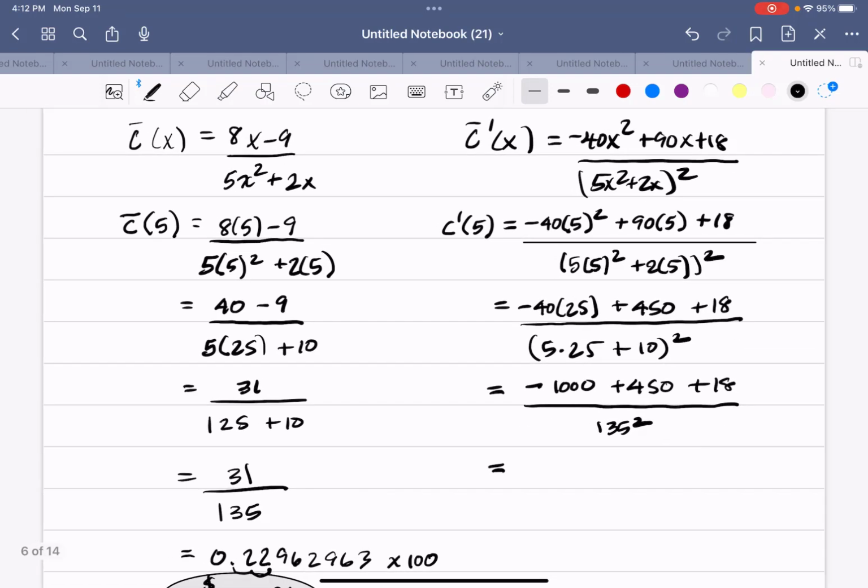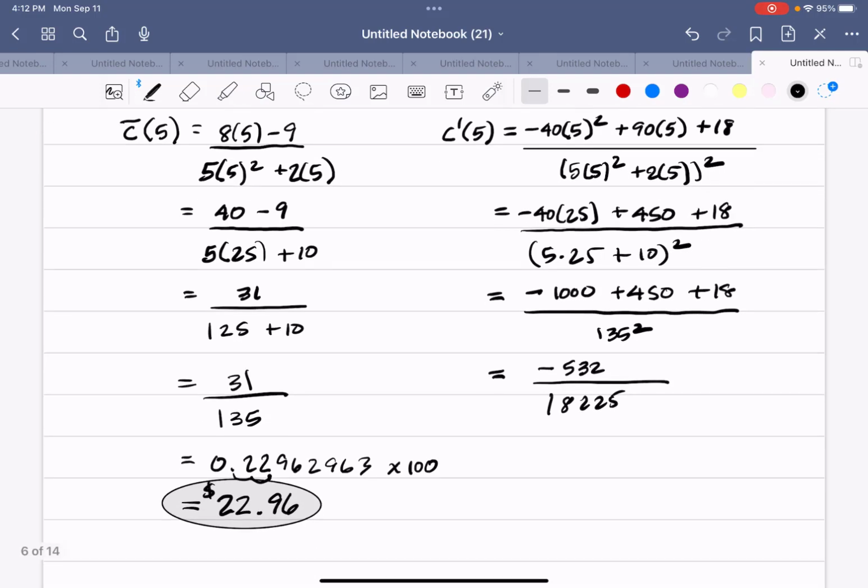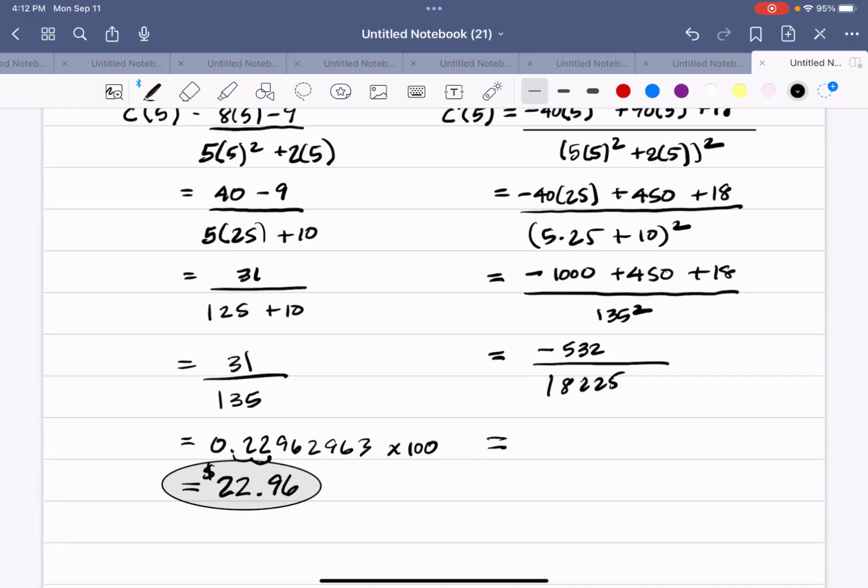So negative 1,000 plus 450 plus 18 is negative 532, divided by 135 to the second power, which is 18,225. And remember, I'm going to have to multiply it by 100.